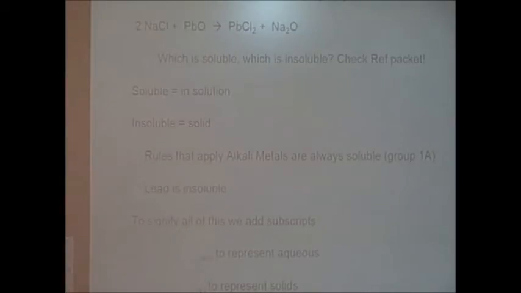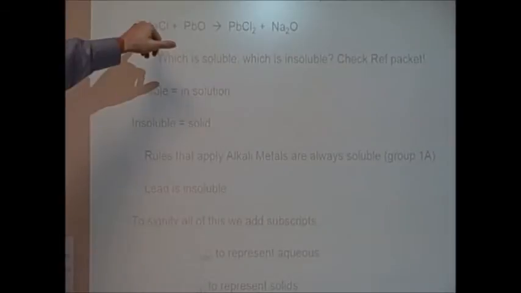When we are writing double replacements, what we do is we add aq to represent something's aqueous, so that it dissolves, and we have a little subscript s to represent solid.